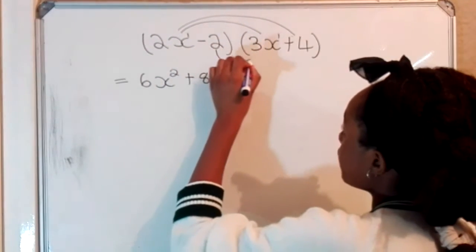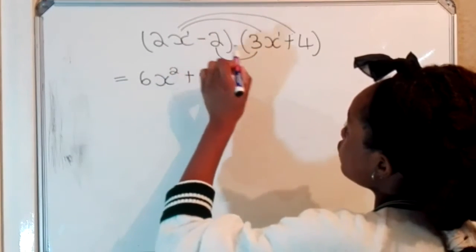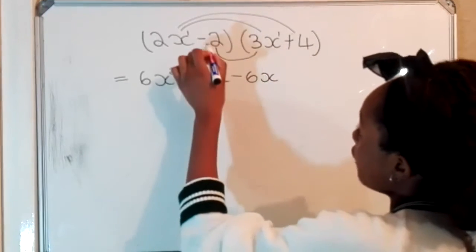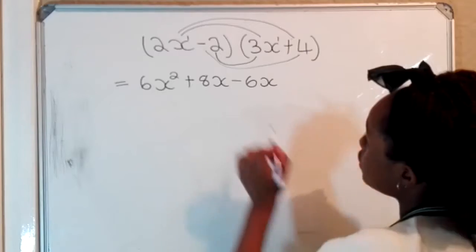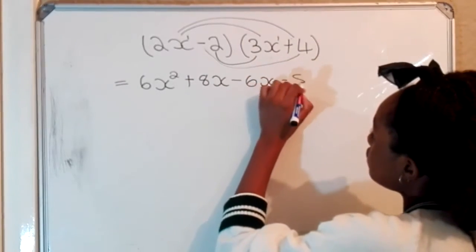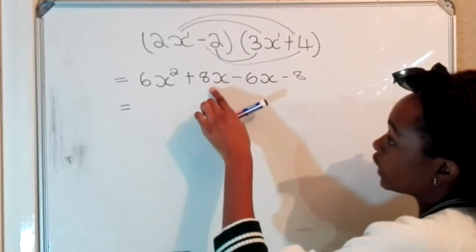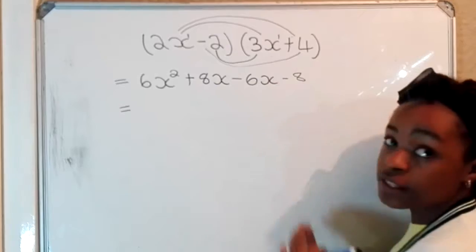And then we multiply negative 2 with 3x, so negative 2 times 3 gives you negative 6x. And negative 2 times 4 gives you negative 8. So we're not done here because we have like terms. We can add or subtract 8x with minus 6x.